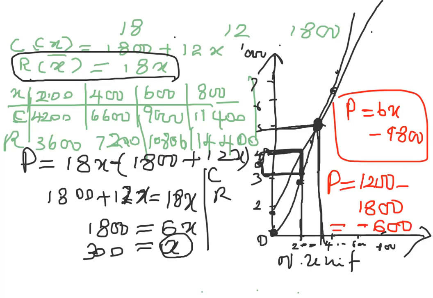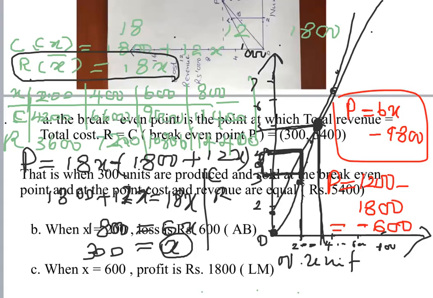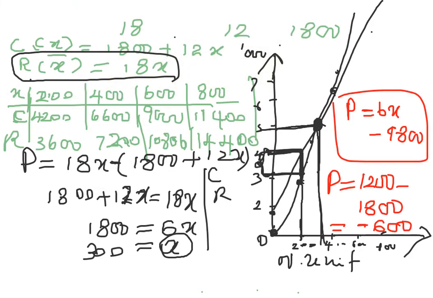However, we can also find it graphically. Another question is asking, when x equals 600, what is the profit? It is very easy again: we find the 600 on our x-axis and draw a vertical line to the cost function, and move it to the revenue function, the difference between cost function and revenue function.